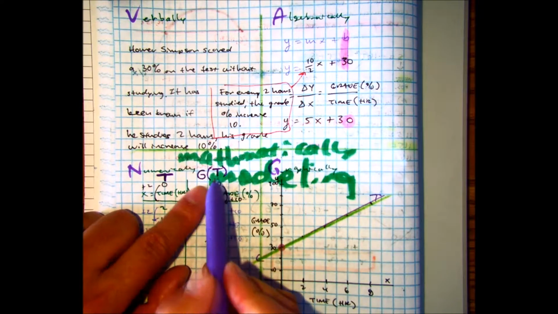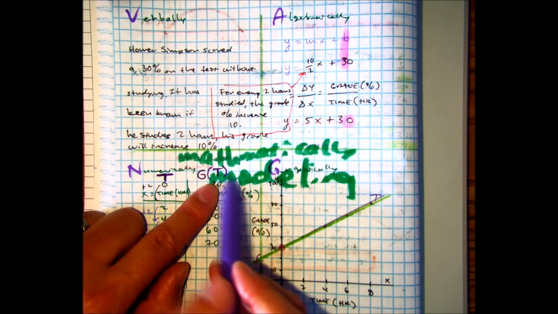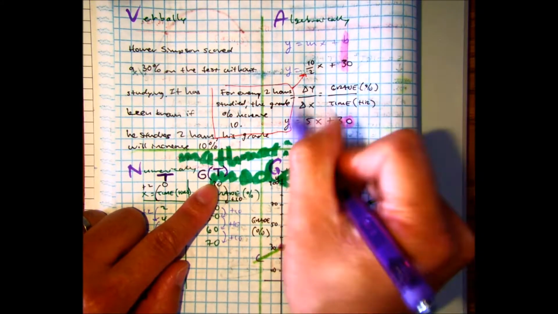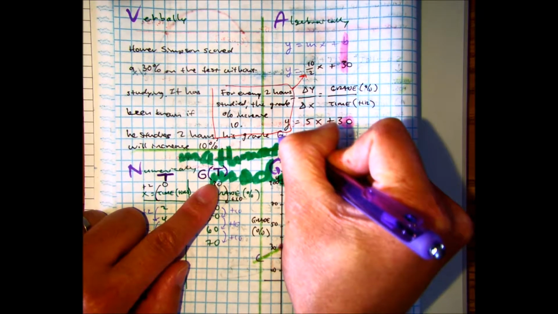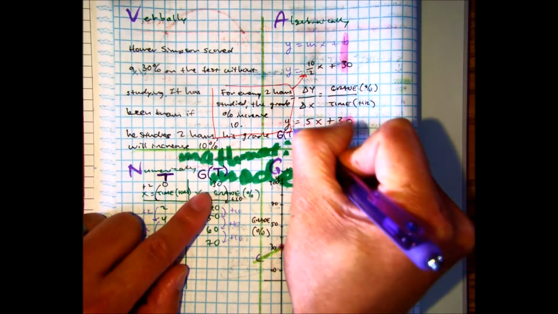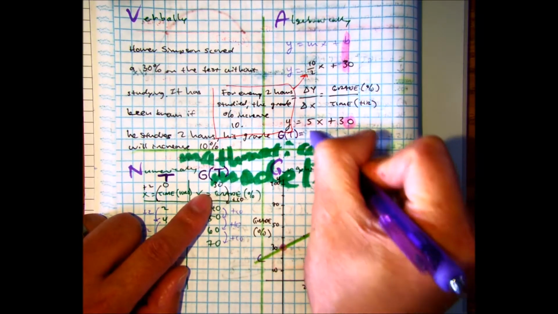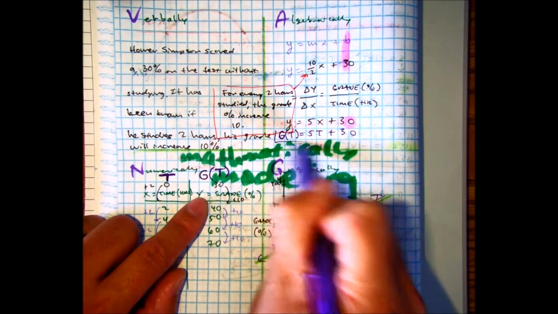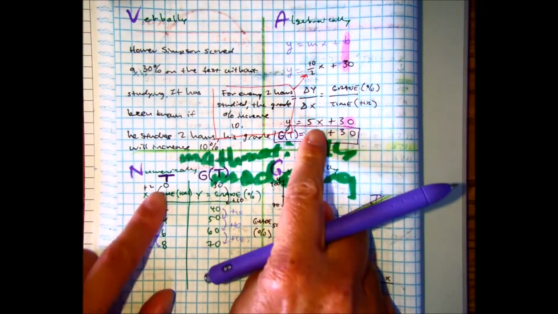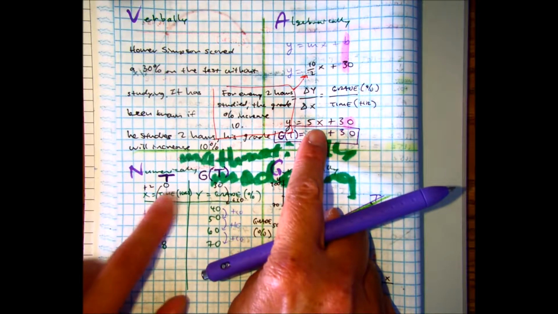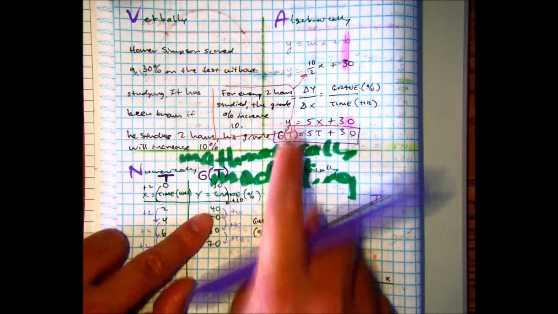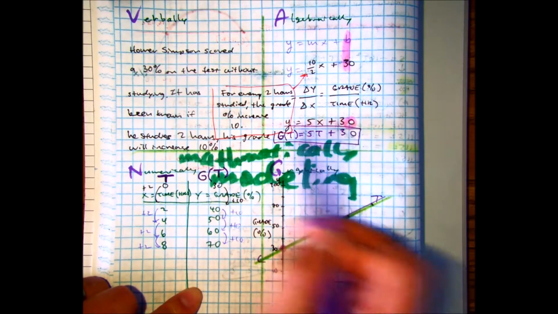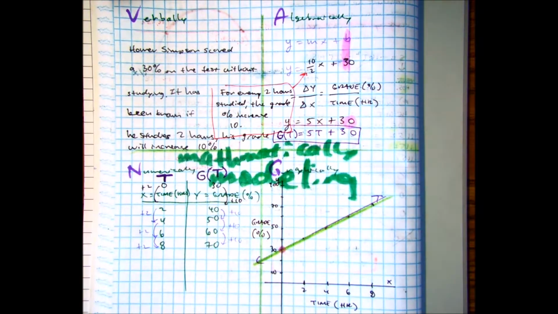So if Homer puts in 0 time into it, he gets 30%. So I can make this fancy equation over here. G of t, grade is a function of time, is just 5t plus 30. See what I did there? I just made every x value t, and I made every y value g of t. So we're going from the simple x's and y's to a function notation.